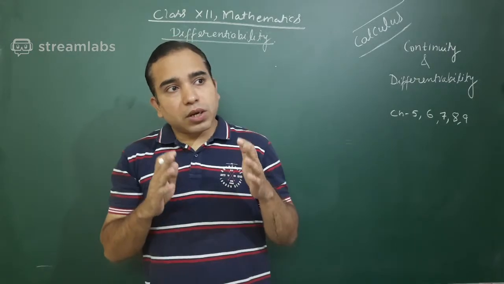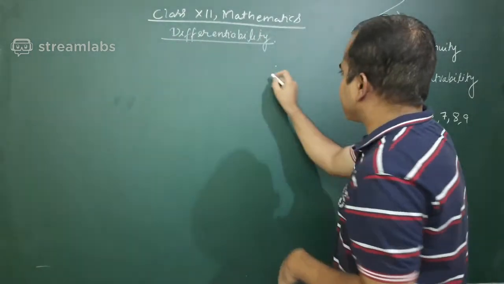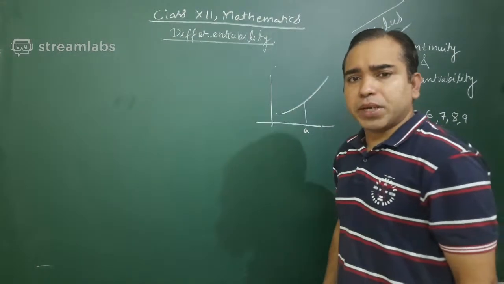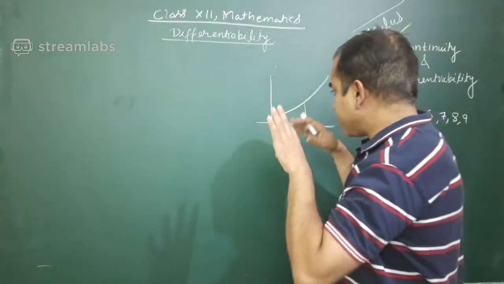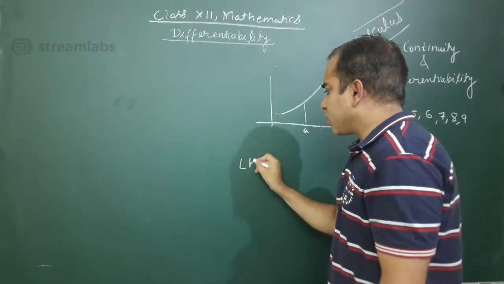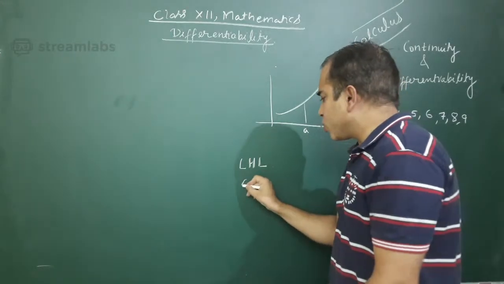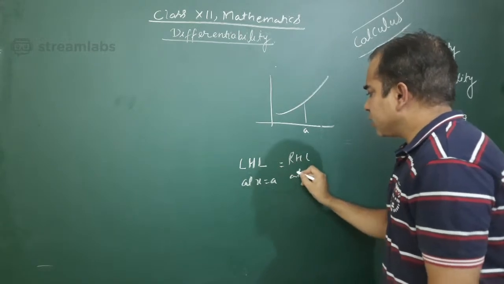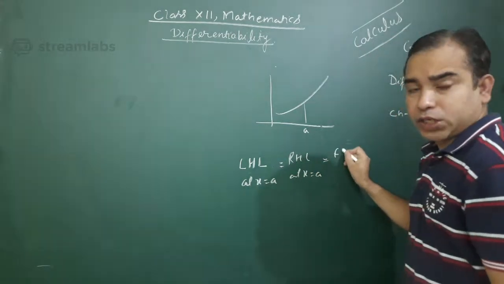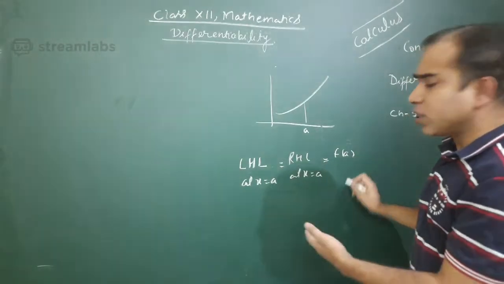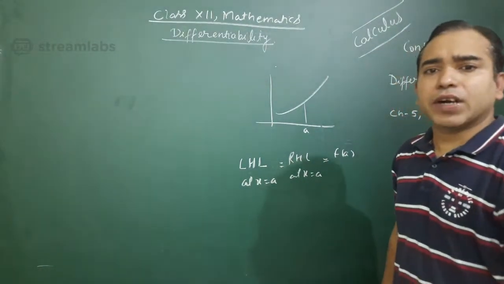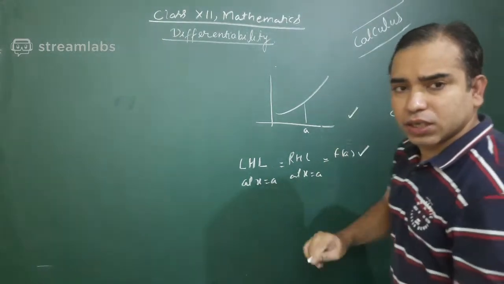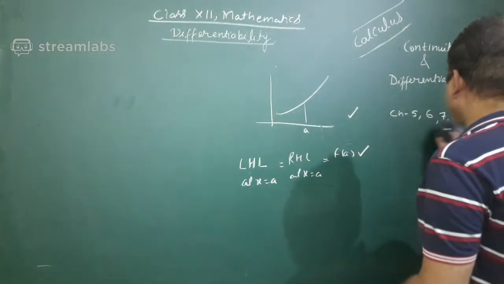So the continuous function, roughly speaking, any function having no break at a particular point A was said to be continuous at x equal to A. More mathematical definition, we saw that find left hand limit at x equal to A, find right hand limit at x equal to A, and find actual value of function at A. In case they all three agree, then we say function is continuous at x equal to A. So these two things we discussed, and we saw 1 or 2 more theorems as well.